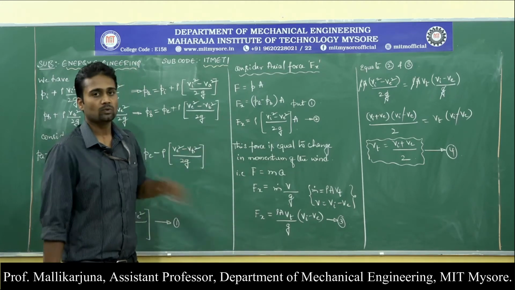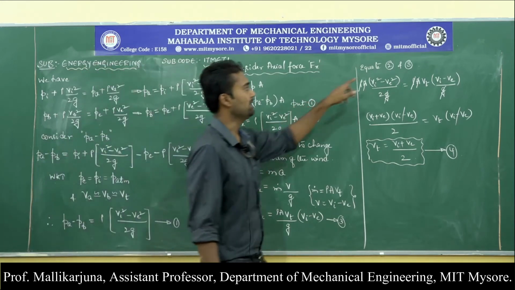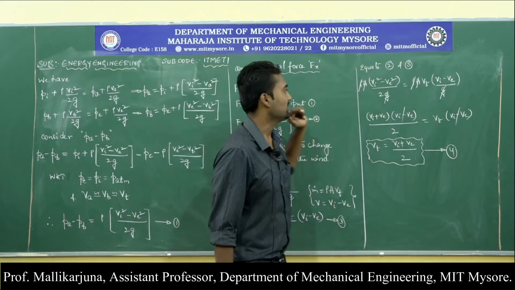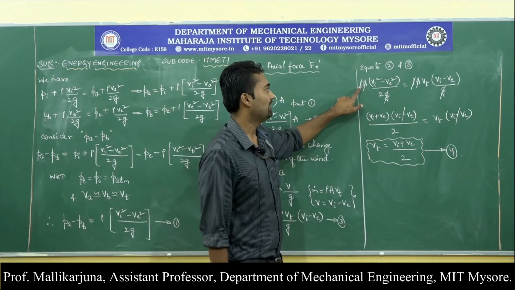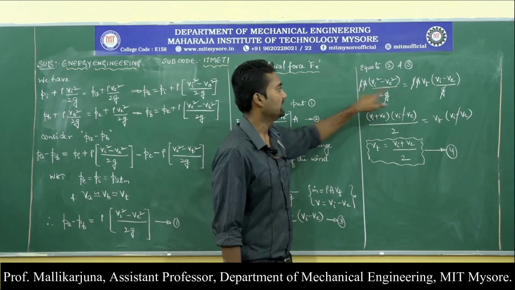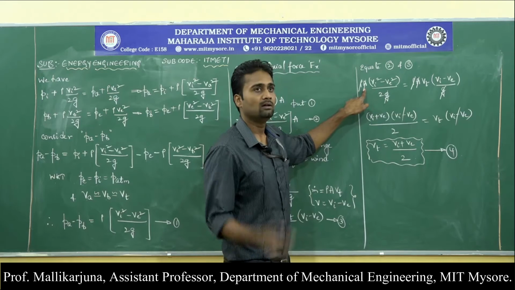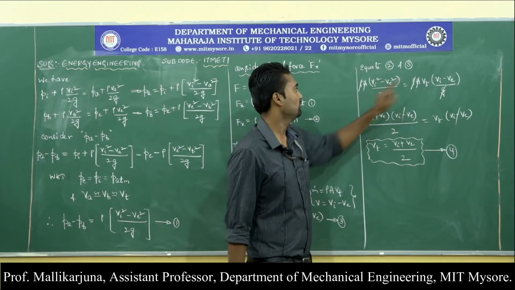In both equations, on the left hand side we have Fx. Because of that, I am equating equations number 2 and 3. If I equate 2 and 3, on either side we have the density of the wind, which is assumed constant, which will get cancelled off, and the area on which the wind is striking is the same on either side, which will also go off.